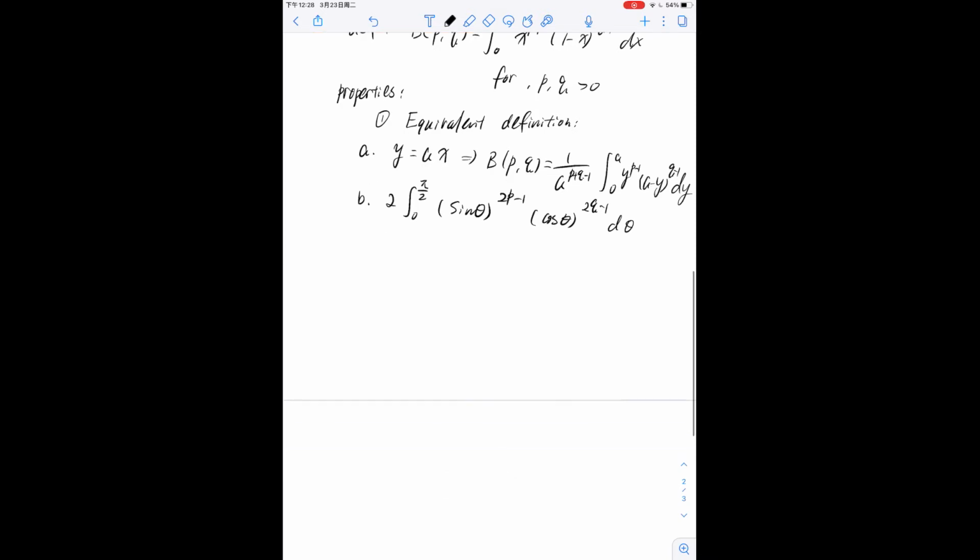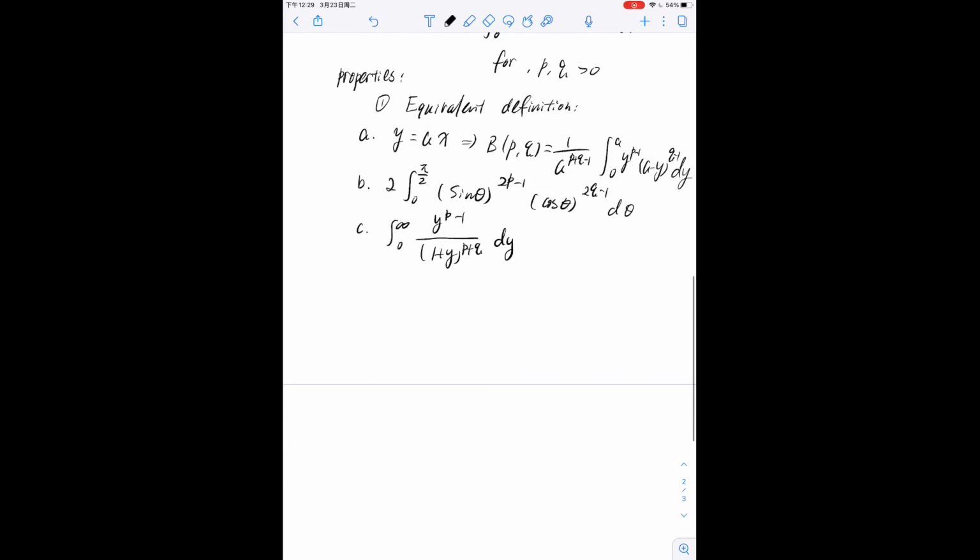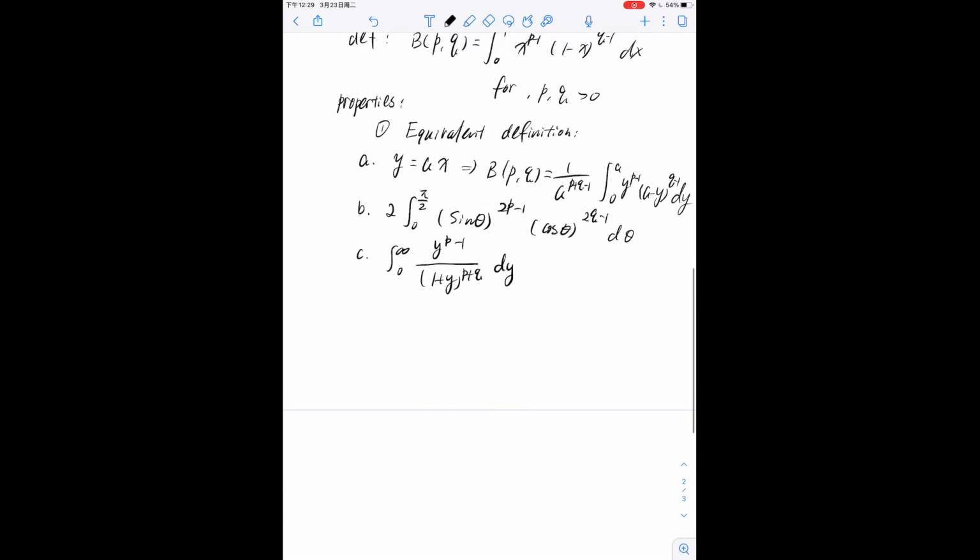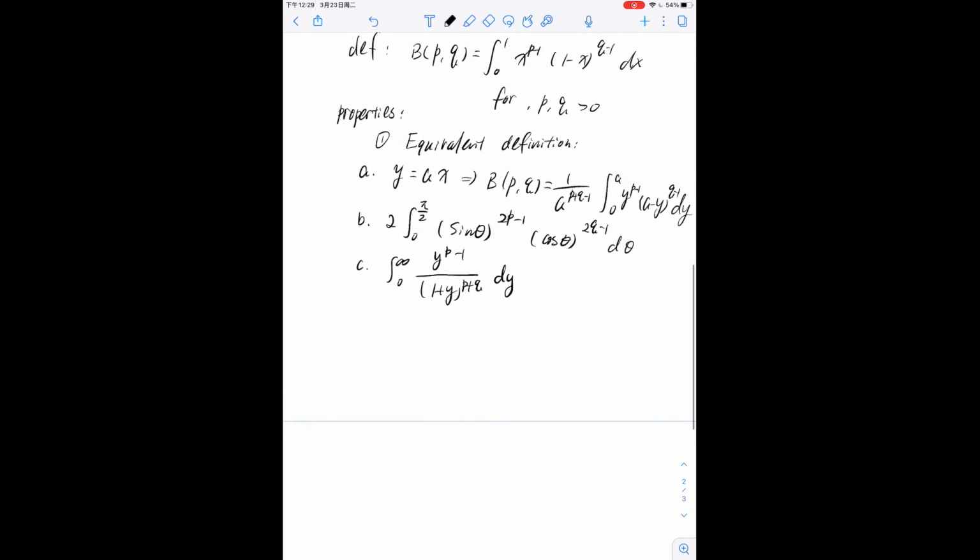The last form is the integral from 0 to infinity of y to the power of p minus 1 over (1 plus y) to the power of p plus q dy. All these forms are equivalent, and depending on our function or integral, we can use different forms to simplify our calculation.